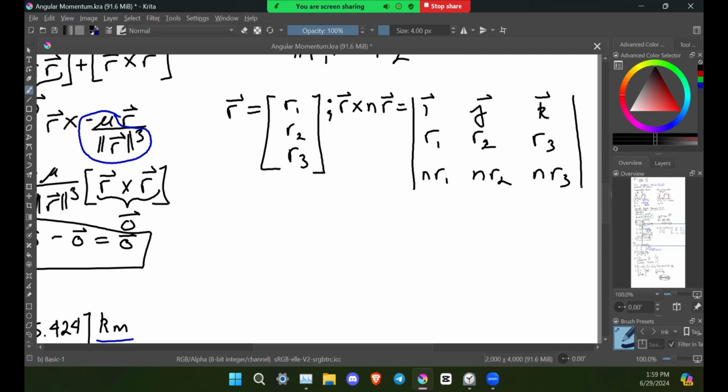Right. So then we multiply it out. So for our i term, cross product those two. And 3. And there you go. There's the first one. We'll do the same thing with the other two.